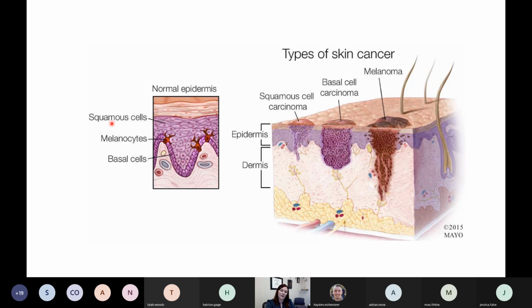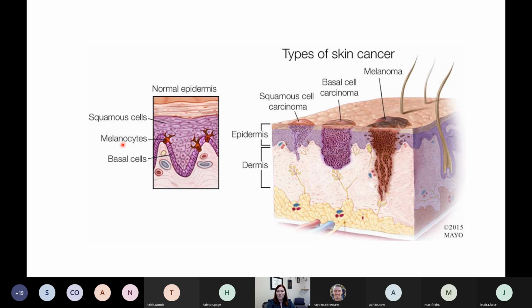Squamous cell carcinoma is when a cancer cell starts in stratum spinosum. Basal cell carcinoma is when a cancer starts in stratum basale. There's actually more than one kind of cell that lives in stratum basale though. The other kind of cell that lives in stratum basale are those melanocytes.